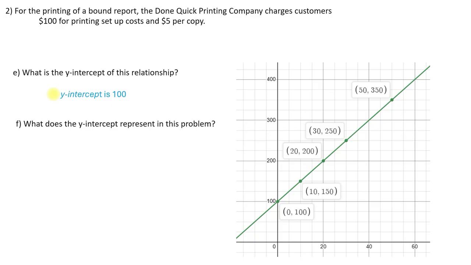And what does the y-intercept represent in this problem? It represents the setup costs. Even before any copies are made, a certain amount of work has to be done preparing the setup, and this cost is $100. And then after that, there's an additional $5 per copy.